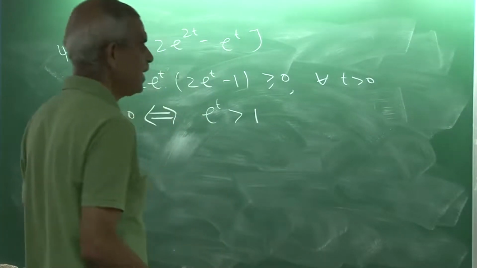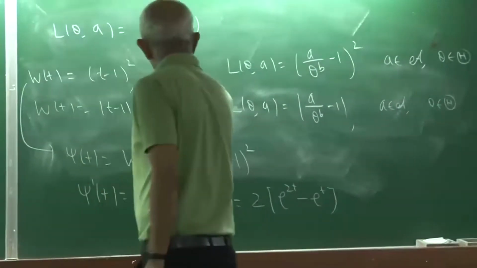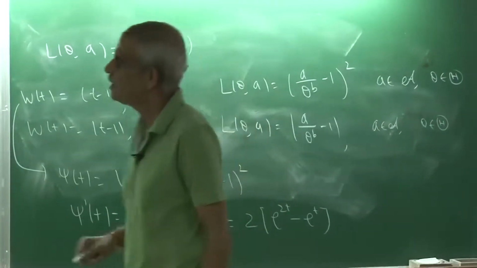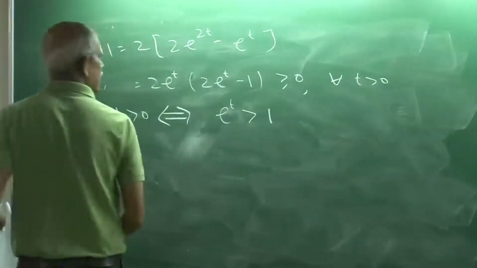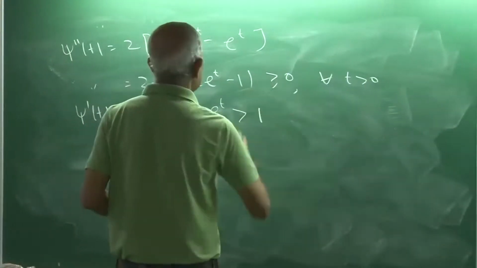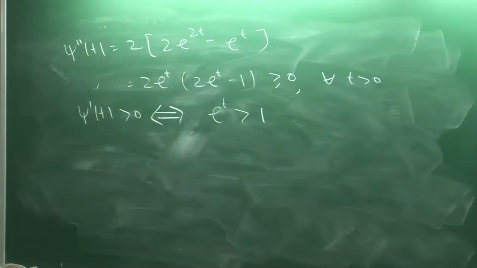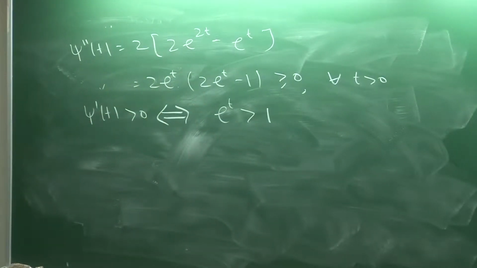Sorry, I made a mistake, because here this W of e to the power t is defined on the whole real line. If it is defined on the whole real line, can I say that this quantity is always greater than or equal to 0?